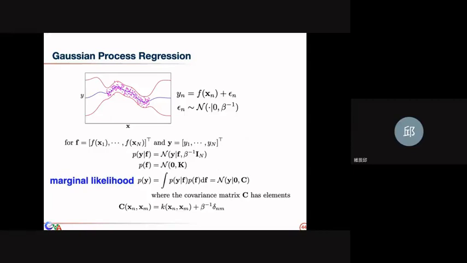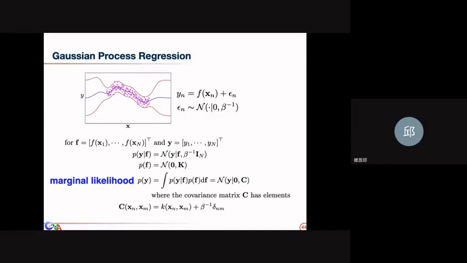And P of f is related to the Gaussian process. The joint distribution of those random variables f of x1 to f of xn is still a Gaussian.